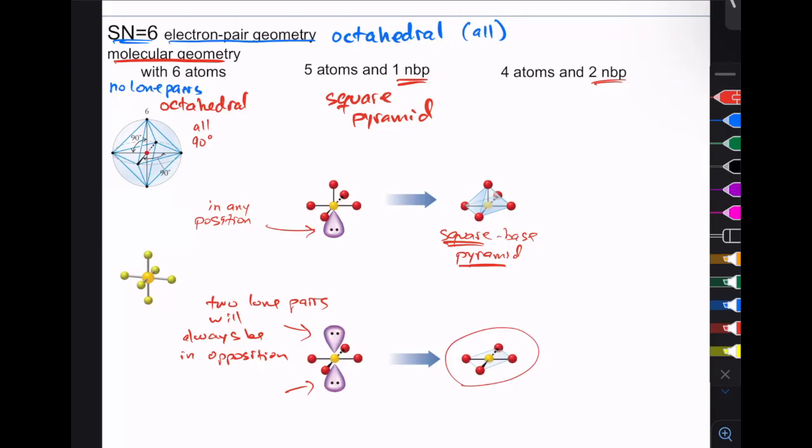Because they will always be on opposite sides of the plane, that's going to leave these 4 bonding pairs, or 4 bonded atoms, in a plane. So this one will actually be a cross, or a plane.